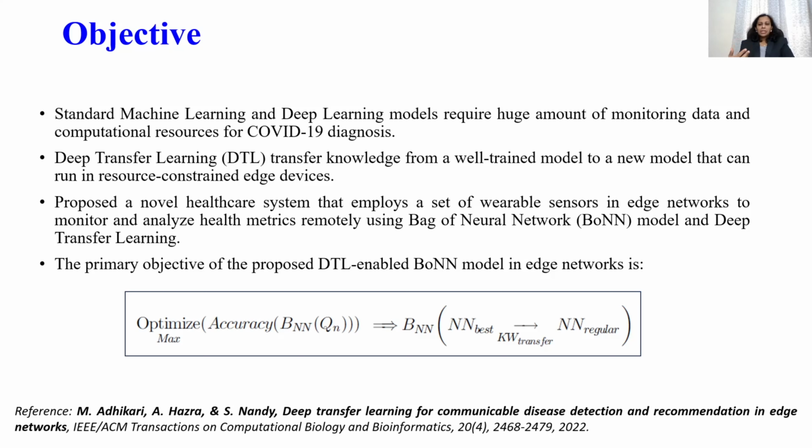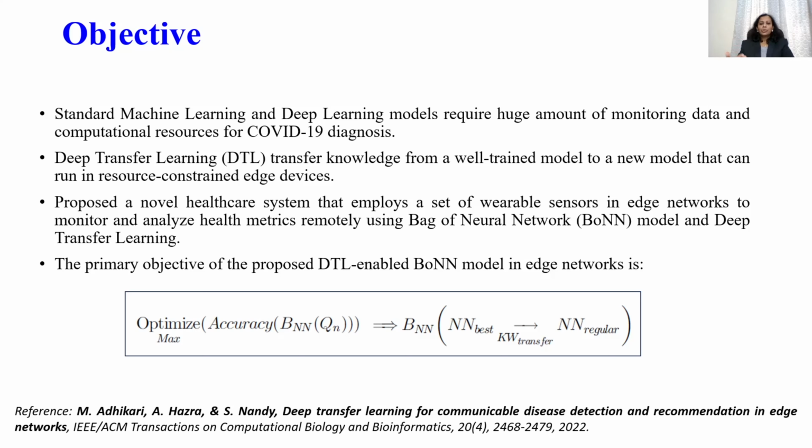Training a standard machine learning model and deep learning models for diagnosing COVID 19 disease requires huge amount of monitoring data and computational resources. Due to the limited capacity of the resources in the distributed edge devices, the standard machine learning and deep learning models are unable to diagnose the disease using minimum monitoring data with a higher accuracy and minimum training time.